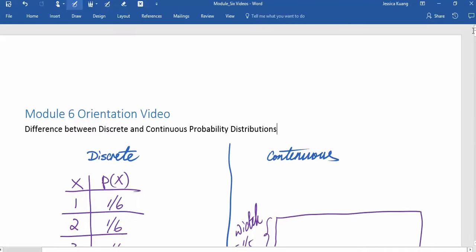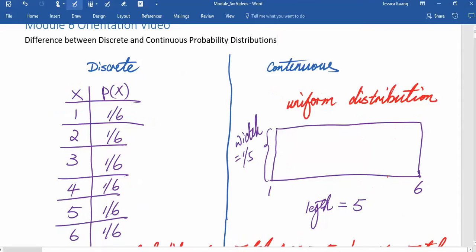So this distribution is what we call the uniform distribution. Notice the width or the height of this rectangle remain the same.